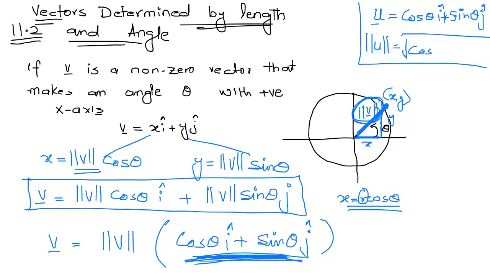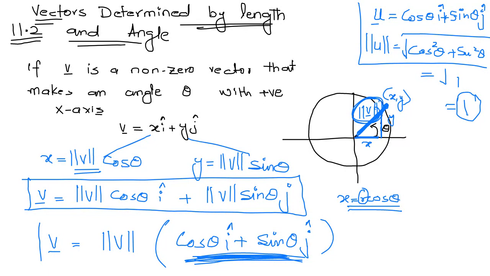Square of the first component plus square of the second component gives the square root of 1, which is equal to 1. So any vector which has mod equal to 1 is a unit vector. In this case, you can easily find a vector when the length and the angle are given, using this formula.